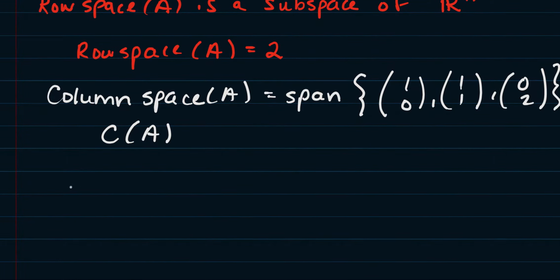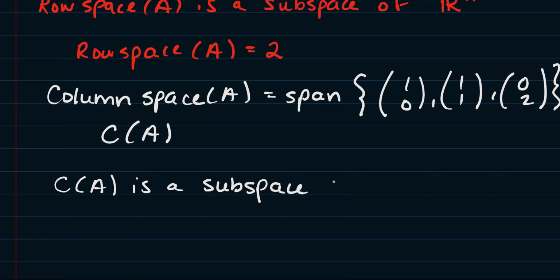And the column space is a subspace of R2. Now remember, R2 has a basis, and the basis consists of two vectors, and here I have three vectors. Now these vectors are not linearly independent.